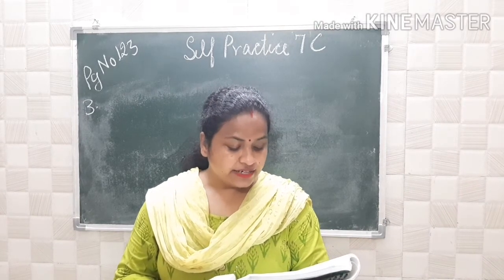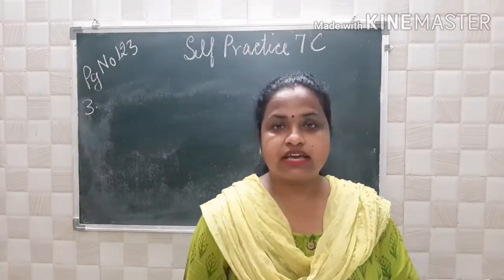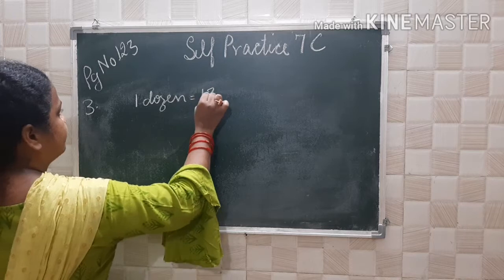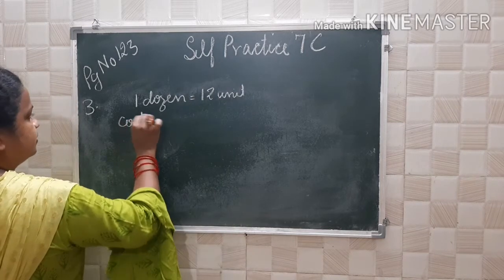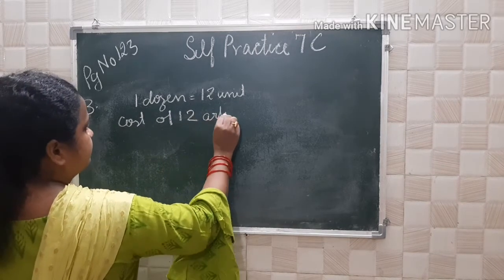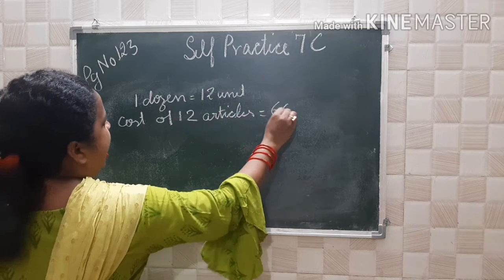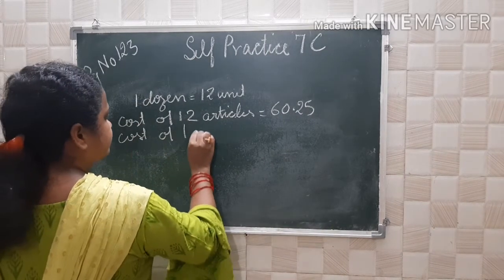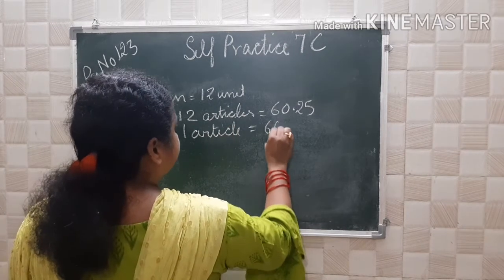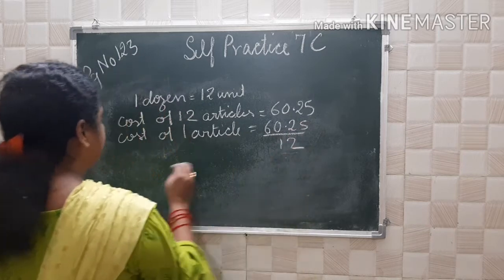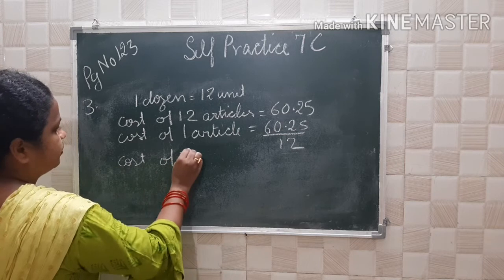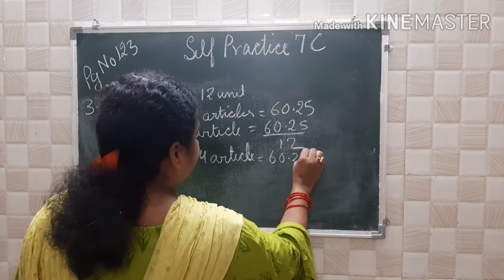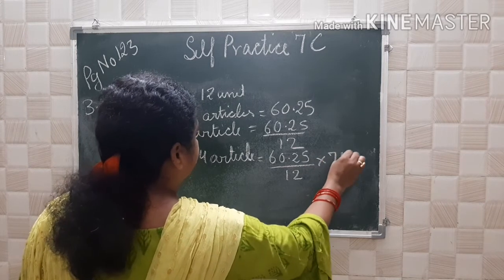So if we get 12 for 60.25, what will be the price of 744 articles? 1 dozen is equal to 12 units. So the cost of 12 articles is 60.25, the cost of 1 article is 60.25 upon 12, and the cost of 744 articles is 60.25 upon 12 into 744.